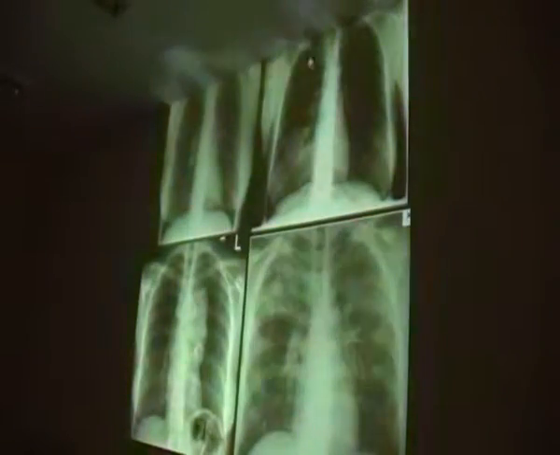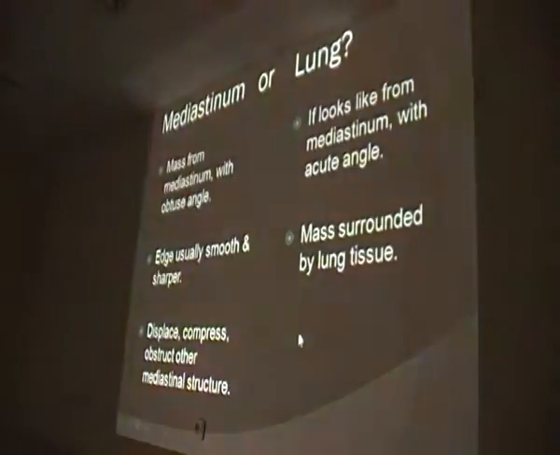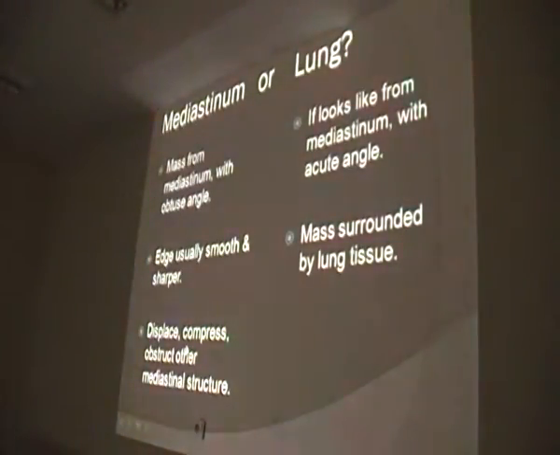Compared to this one, it is sharper, almost 90 degrees, and this one is also about 90 degrees. And usually if the lesion is from the mediastinum, it will compress other structures or maybe even displace them if the lesion is very large.